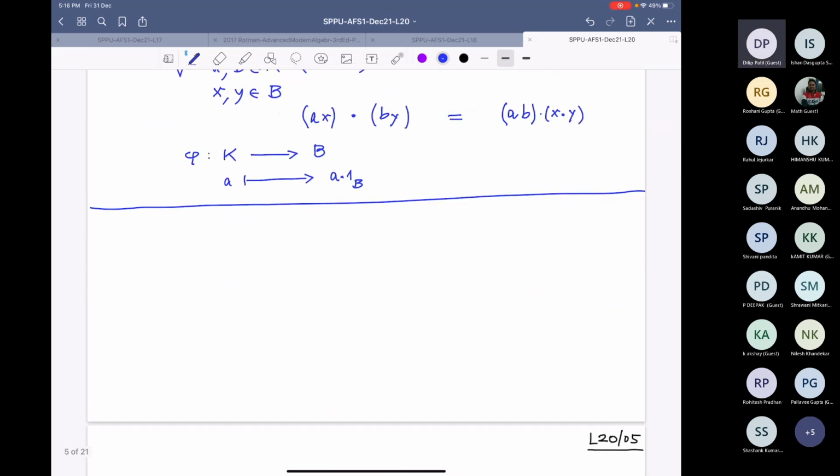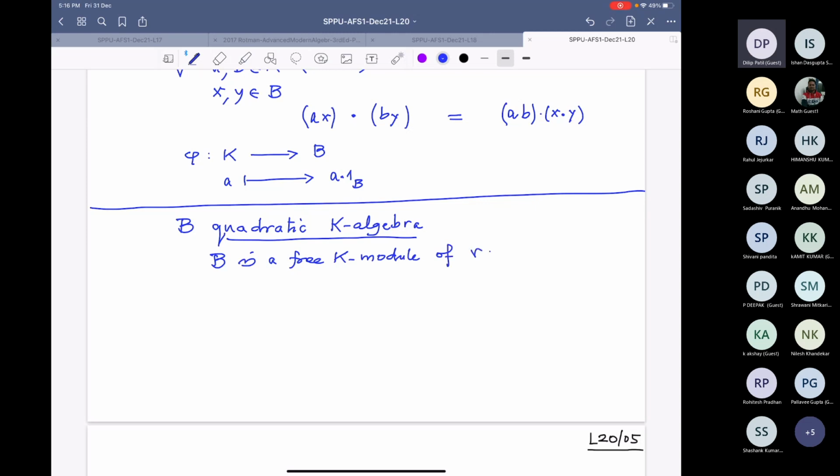So B is a quadratic K algebra means B is a free K module of rank 2. That means there is a basis of B over K as a K module, and free, and the rank is 2.